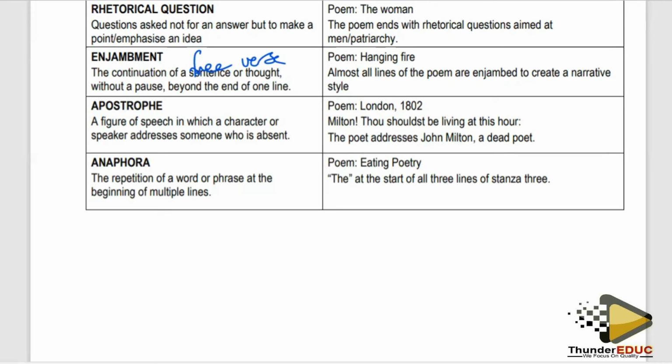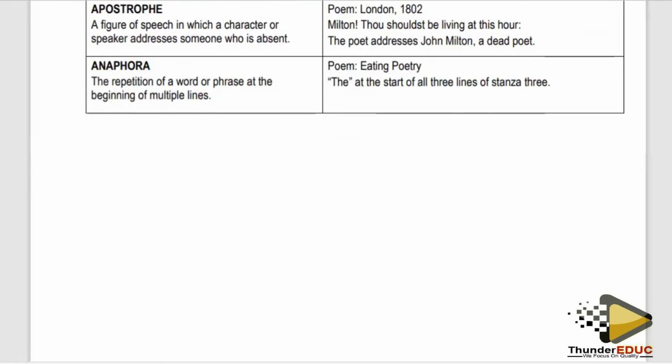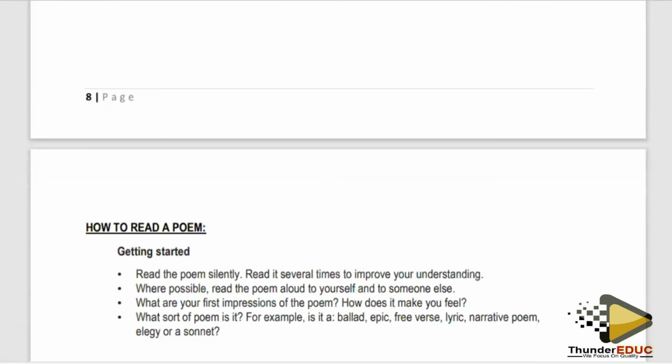So that "the" in those three lines is what we call anaphora, because it is used to start off the three sentences. Therefore, it's repetition of a phrase. So anaphora is the repetition of a word or a phrase at the beginning of multiple lines. It's not just repetition anymore, it's anaphora. So let's be very clear on that one.